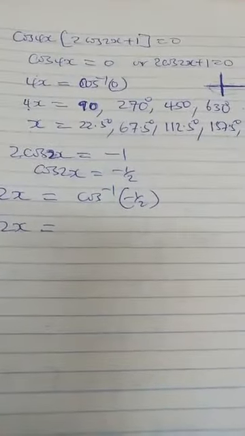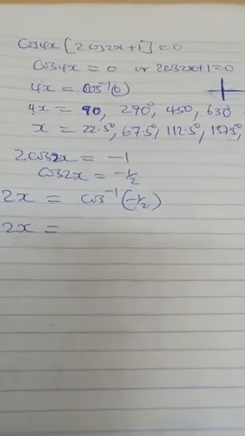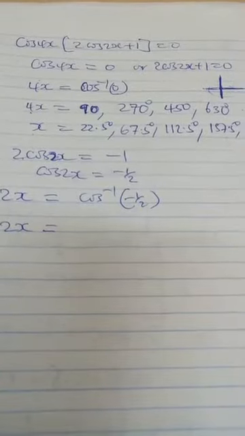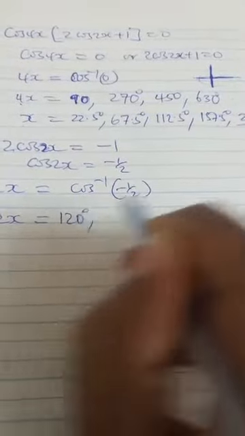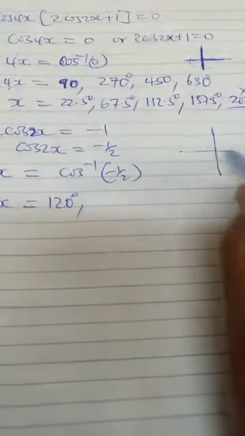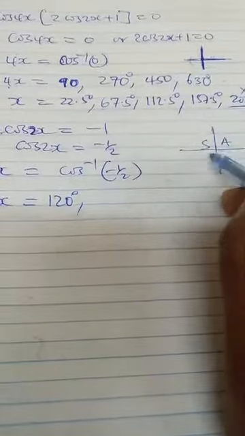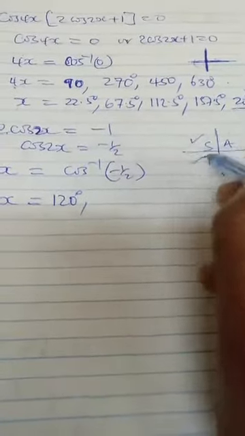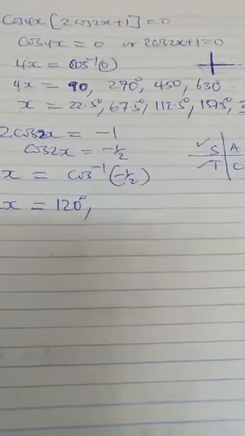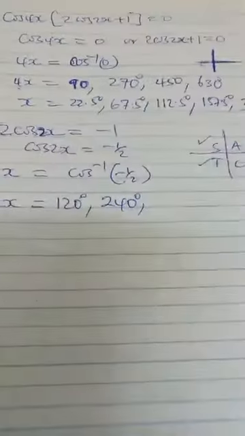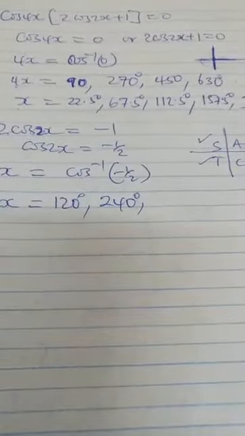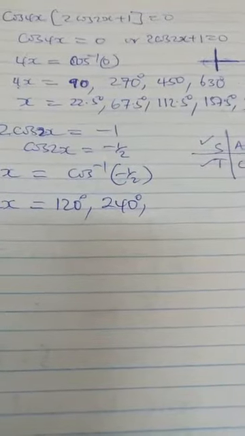The first angle whose cos inverse is negative 0.5 is 120 degrees. Why? Because cosine is negative here and here. And the next angle is going to be 240 degrees. The cos of 240 degrees should also be negative.